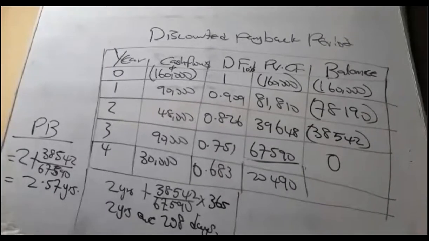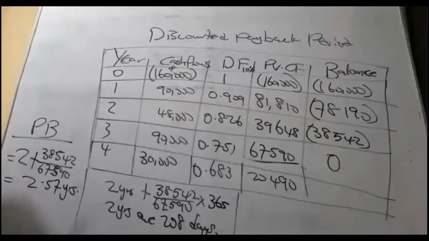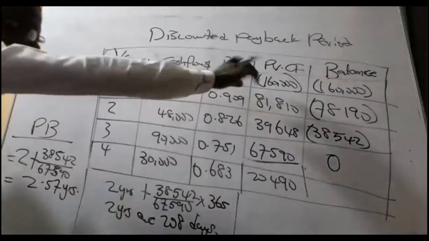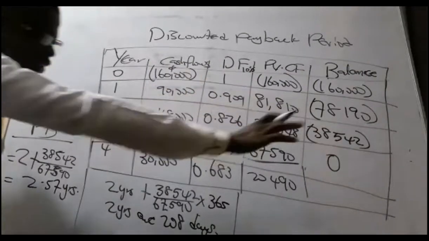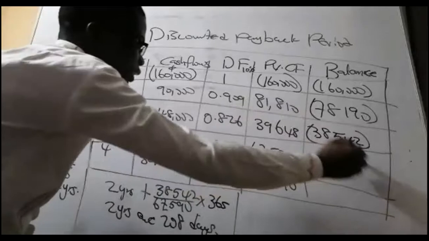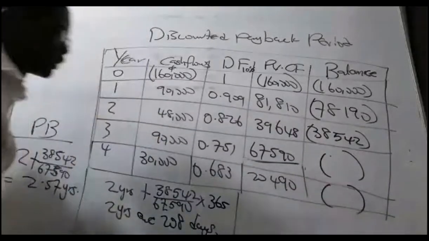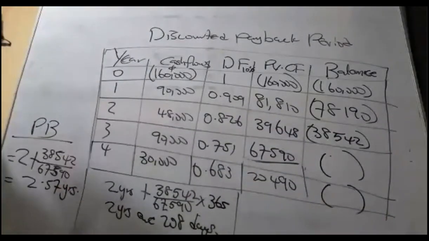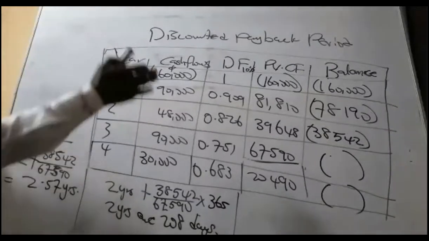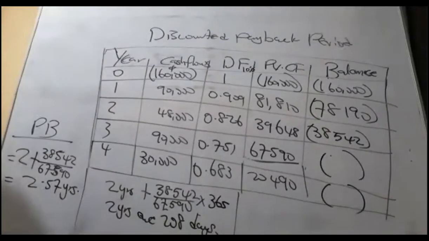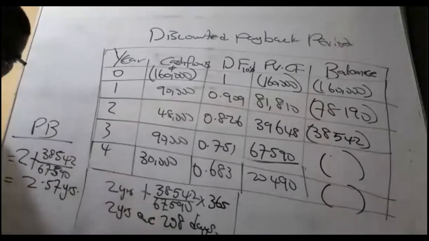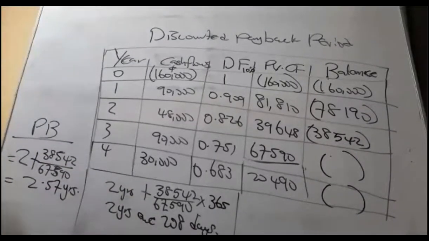That's the decision rule. Assuming that here the figure is still negative, it means that the cash flows cannot pay back the capital investment. So do not accept a project like that.